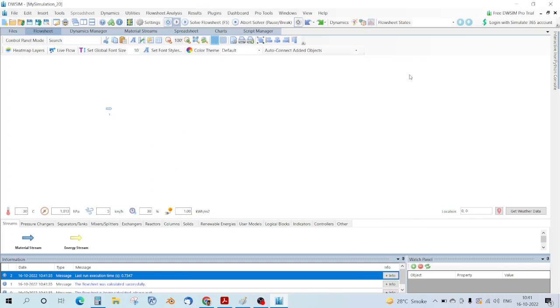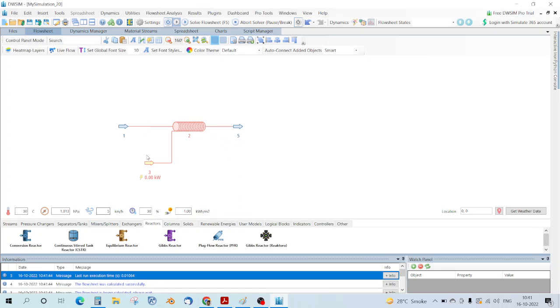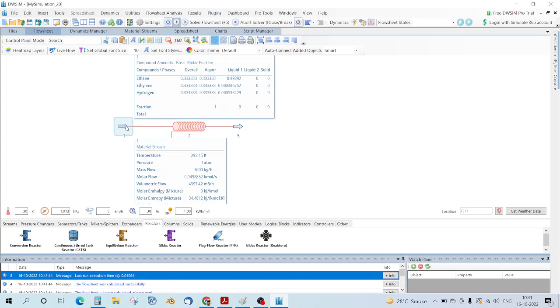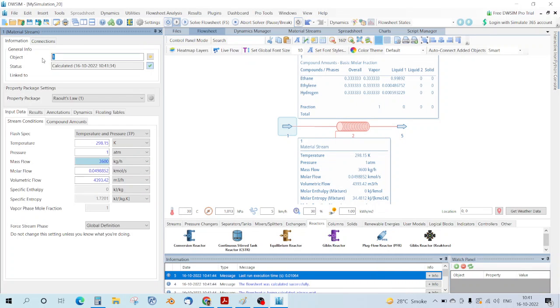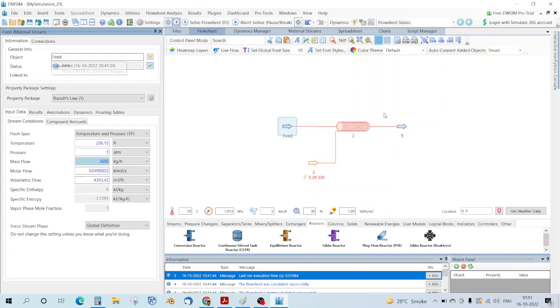So we have my feed, then we have my reactor. Let's take PFR. We have this product, so let's name it feed, name it product, and name it PFR.